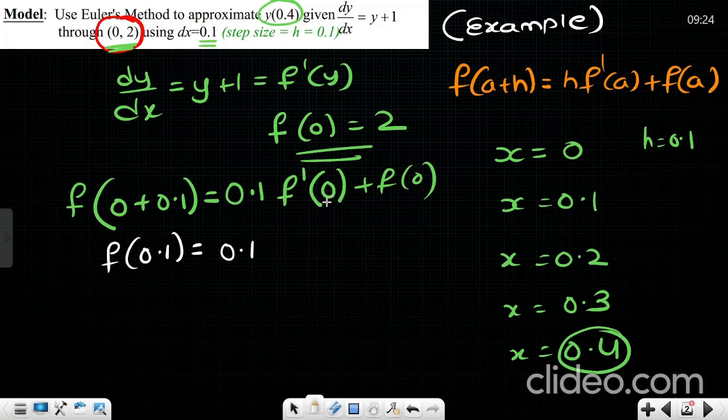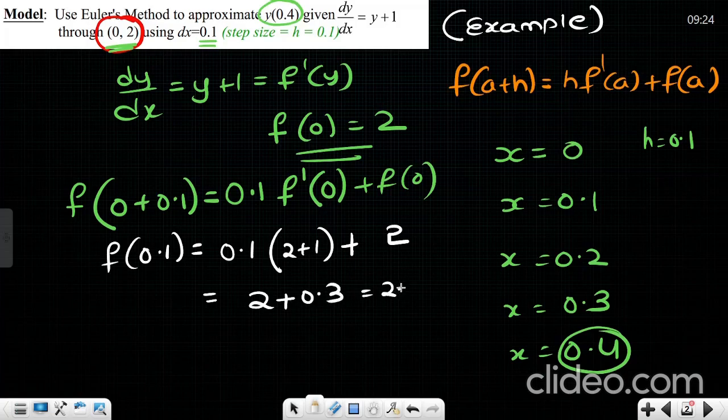When x equal to 0, y equal to 2. Therefore f dash of 0 will become, as given in the question, 2 plus 1, plus f of 0, which is given as 2. So how much are we getting? 2 plus 0.3, nothing but 2.3. This is the value of f of 0.1. Okay, clear?